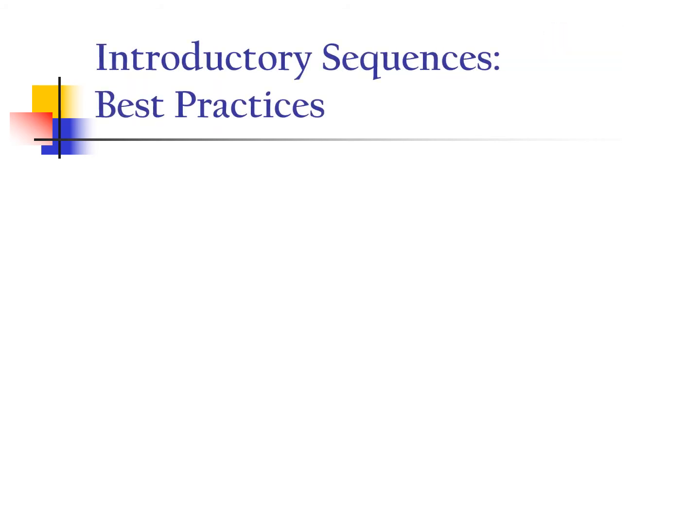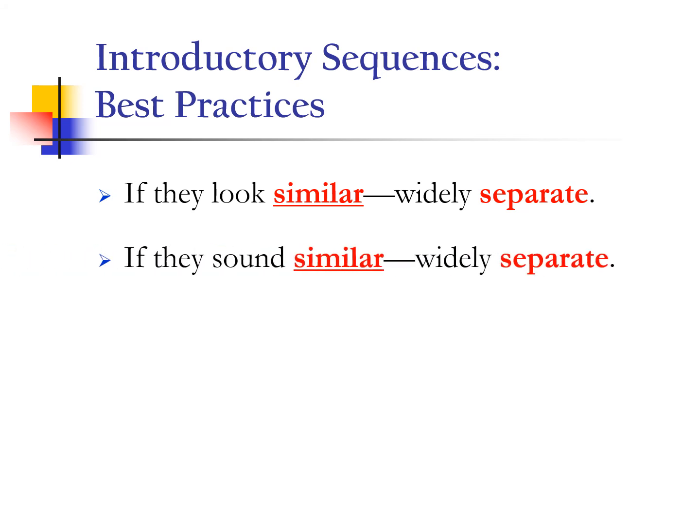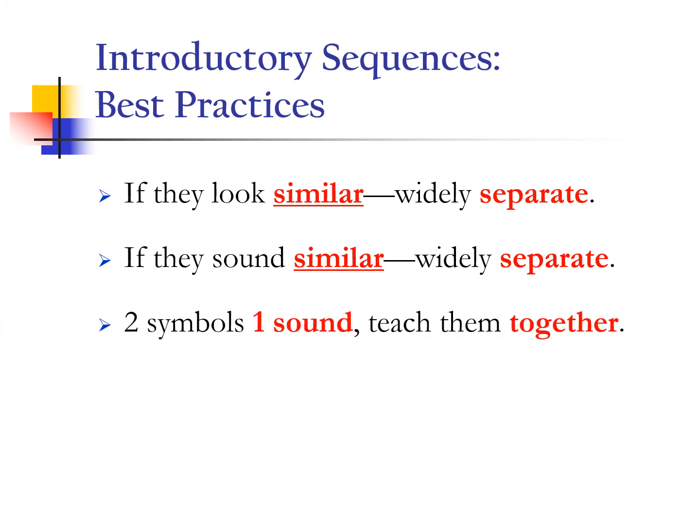So the best practices with introductory sequences are: if they look similar, widely separate them. If they sound similar, widely separate them. If you have two symbols that are one sound, teach them together.